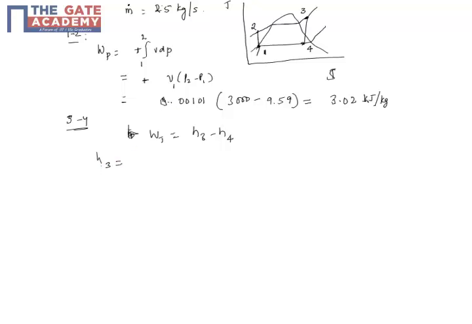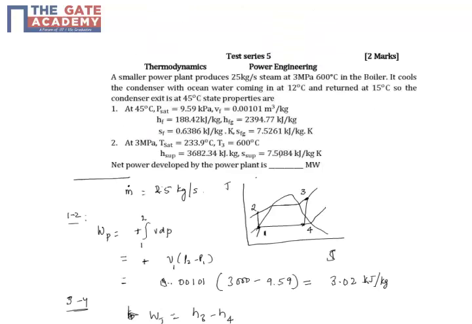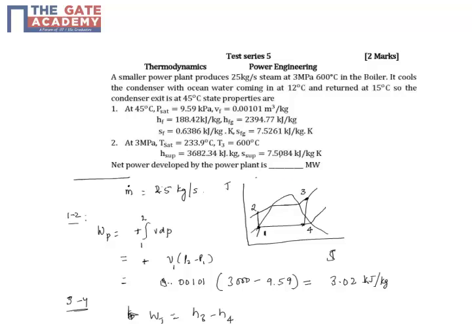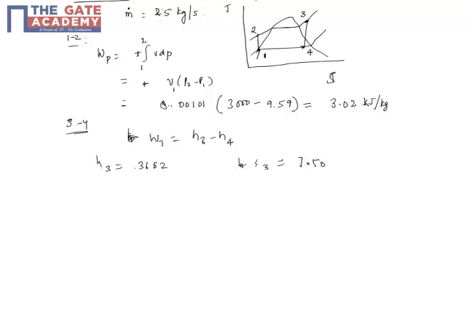At 3 MPa, the superheated value of H3 is 3682.34 kilojoules per kg, and S3 is 7.5084 kilojoules per kg Kelvin.